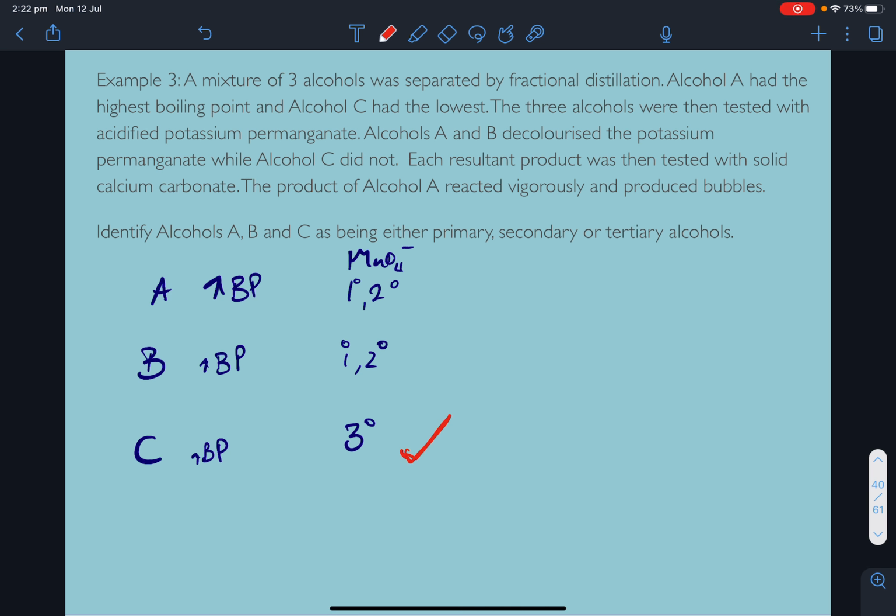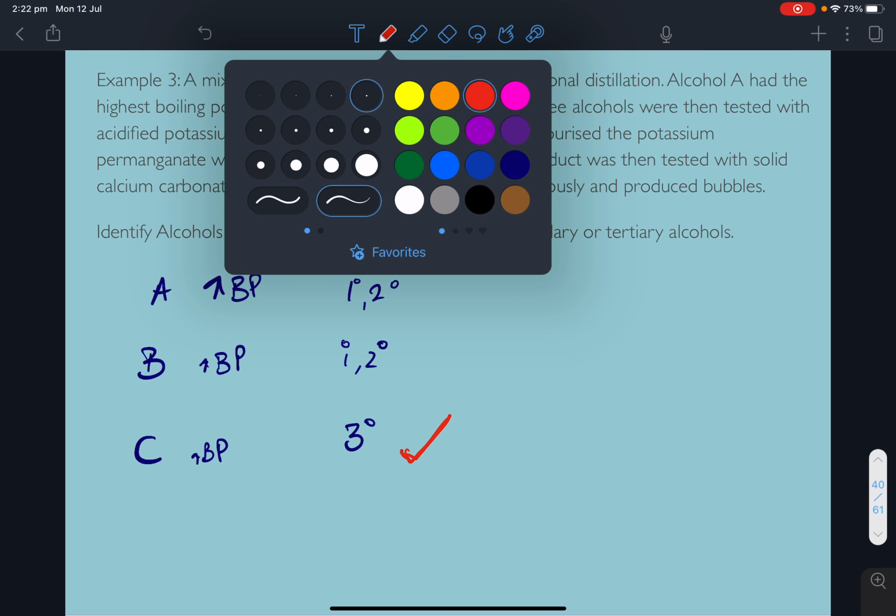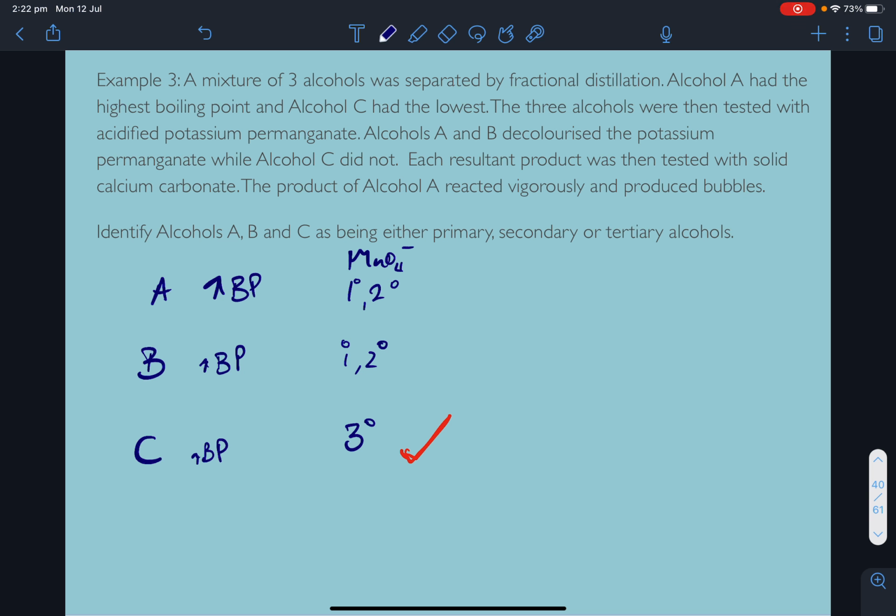Then each resultant product was tested with solid calcium carbonate. The product of A reacted vigorously and produced bubbles. Bubbles must mean it was an acid, so that must mean it was a carboxylic acid. So that would have been the primary alcohol.